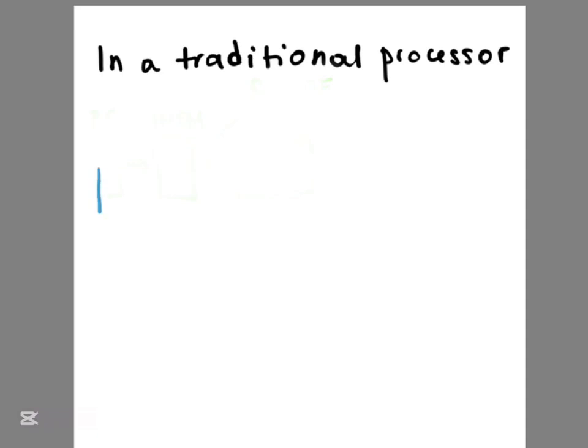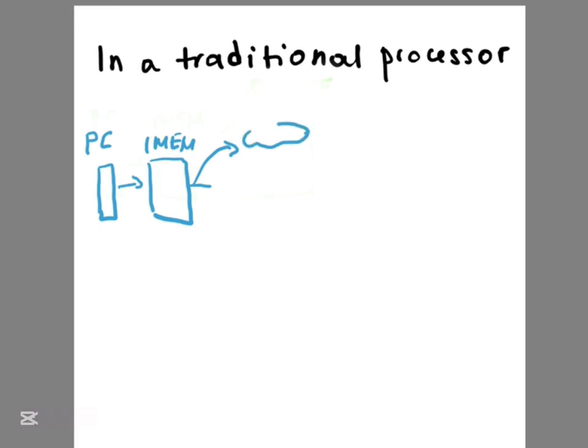So let's take a quick look at the traditional processor. We have a program counter. From that program counter, we get access to instruction memory. And from that instruction memory, we get the instruction, and then we look at it and decode what kind of instruction it is.